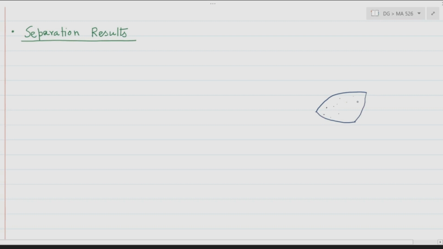Let me consider this as my closed convex set S, and there is an element y which is known to be outside the set S. Here S is a closed convex set, a set which is closed as well as convex, and obviously we are considering that the set S is non-empty. We take a point y outside the set S.